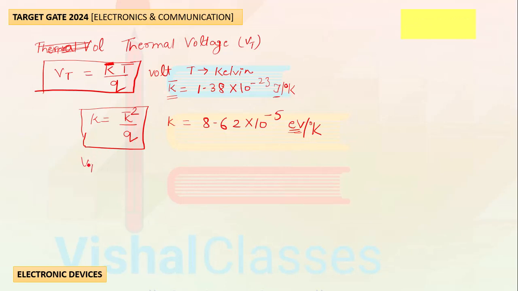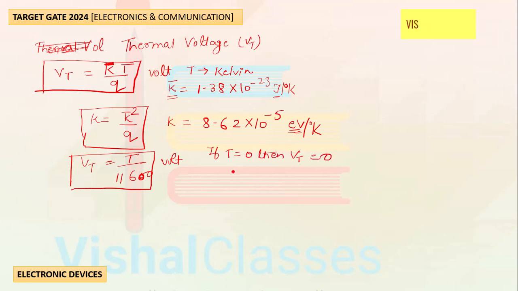And V_T value is also given as T upon 11,600 volt. If T is 0, then V_T is 0.